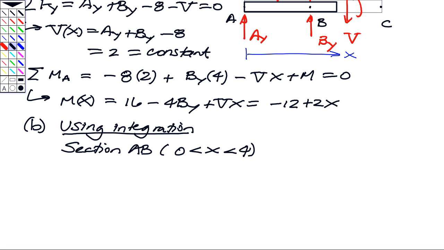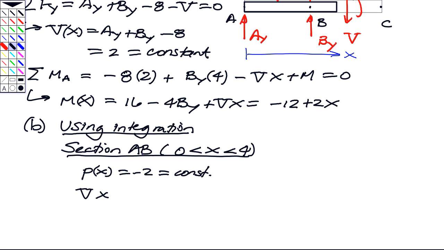And in that section, we start out by knowing the distributed load P. That is a minus 2, which is a constant. We know that V of x is going to be equal to V at x equal to a 0 plus the integral from 0 to x of P of x dx.